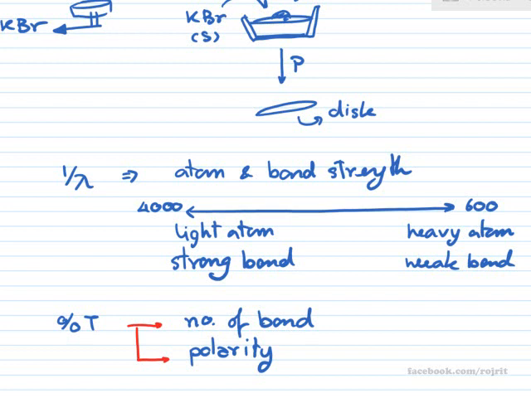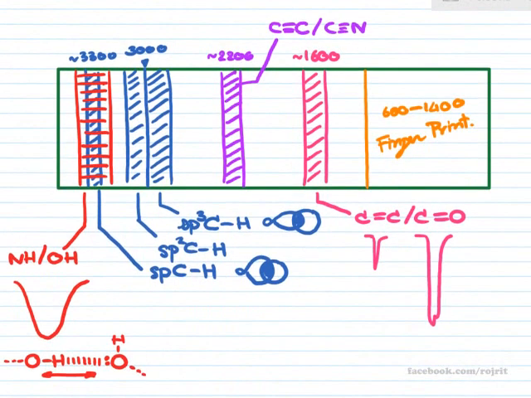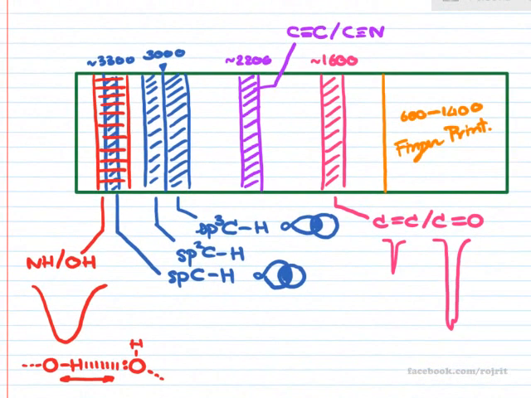If you have a very strongly polar bond, even if it is just that one bond in the whole molecule, it interacts very well with the IR, so it is synchronized very well. So percent transmittance drops down, because it absorbs the IR effectively. So this is the wavenumber and the percent transmittance, which is what we normally use in the IR.